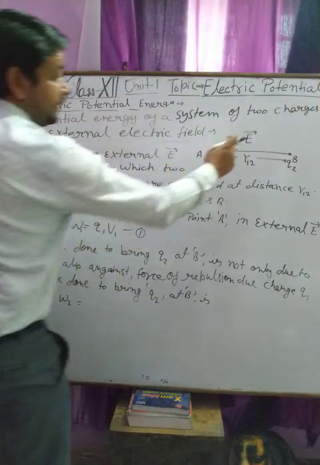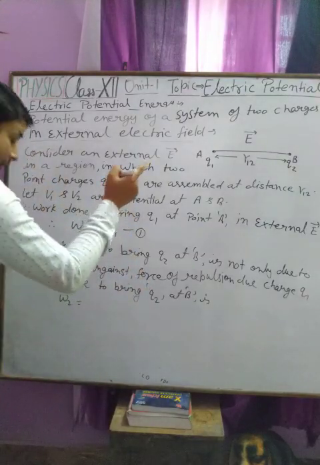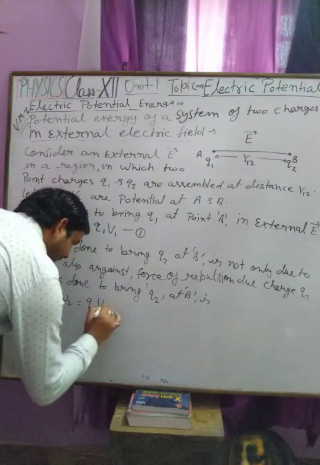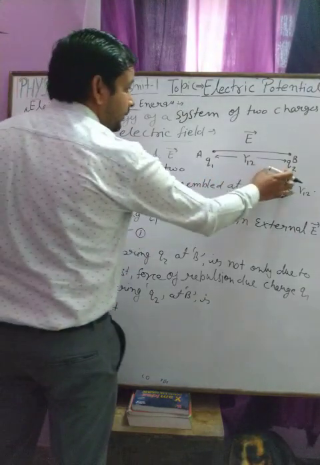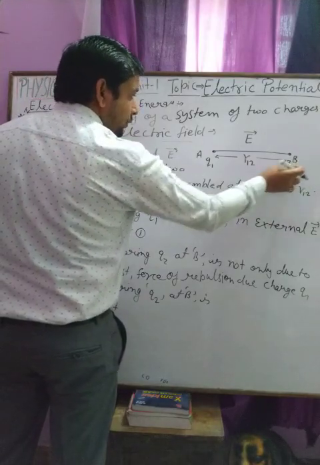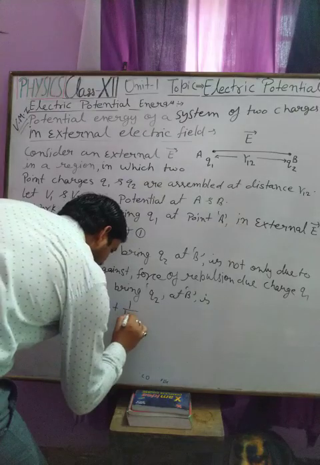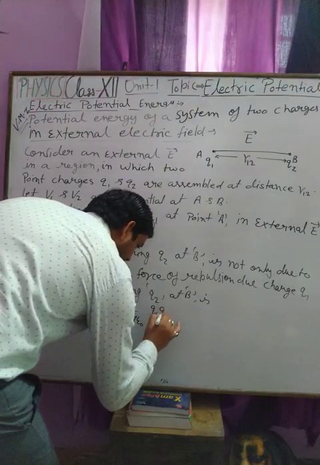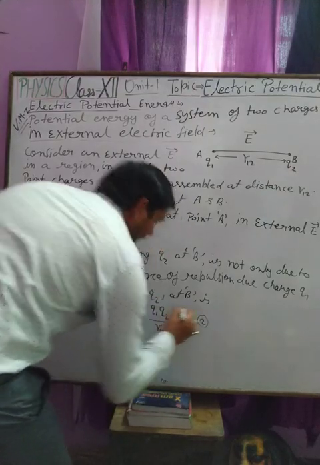Work done against the electric field to bring charge Q2 at B is Q2 and its potential V2, and work done to bring the charge Q2 due to charge Q1 is 1 upon 4 pi epsilon naught Q1 Q2 upon R12. This is your equation second.